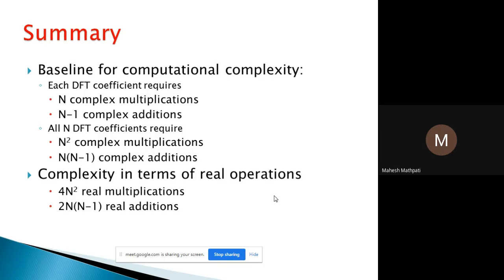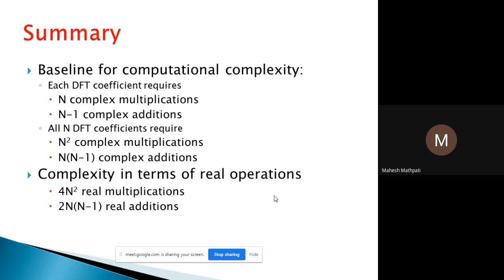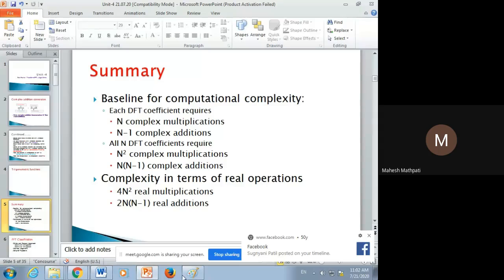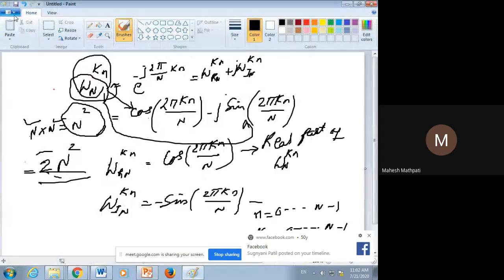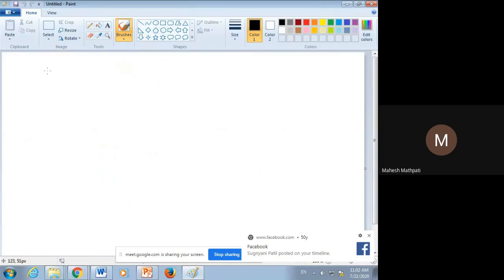Okay. Now next, before going to the classification part, we will write the next title as properties of Twiddle factor.